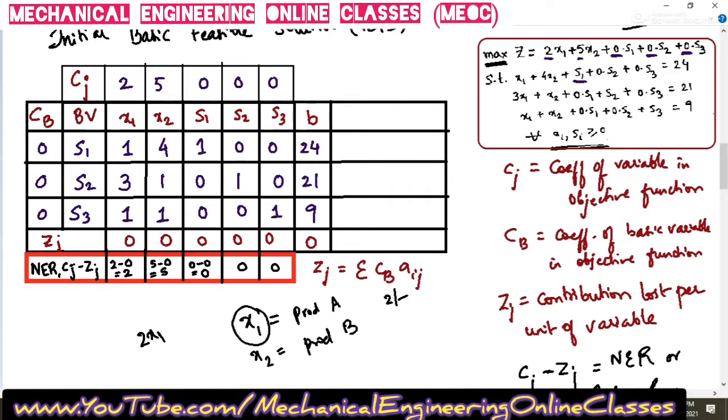Similarly, if the profit for 1 unit of product B is 5, then for x2 units of product B, the profit will be 5x2.